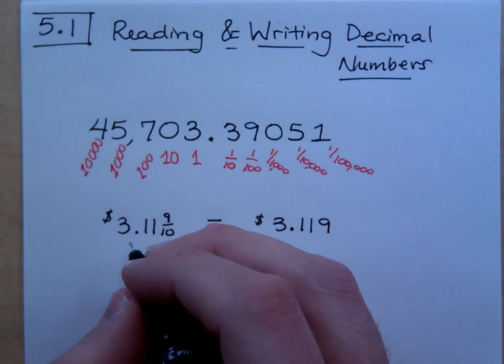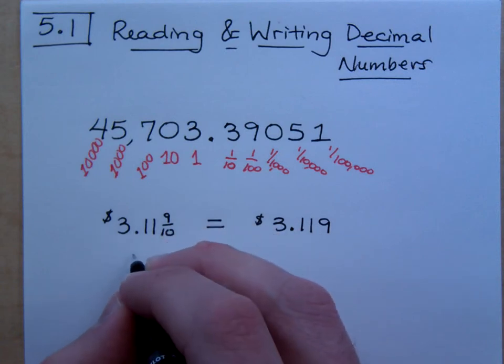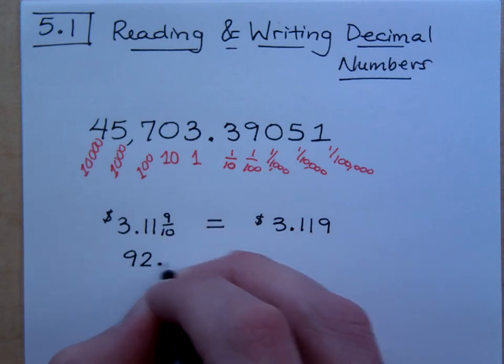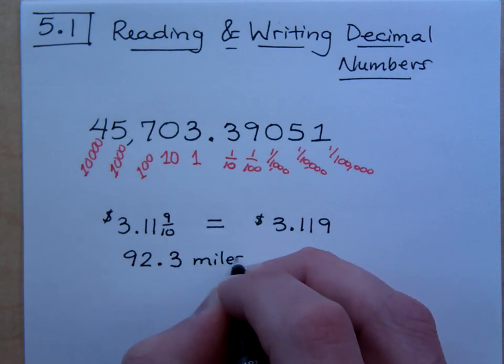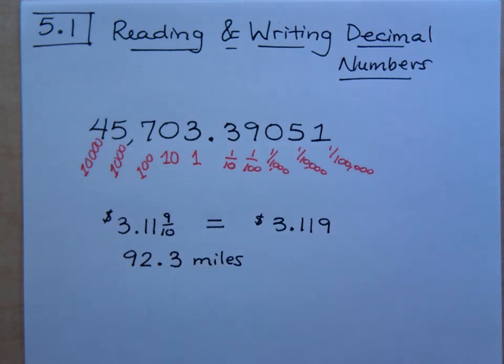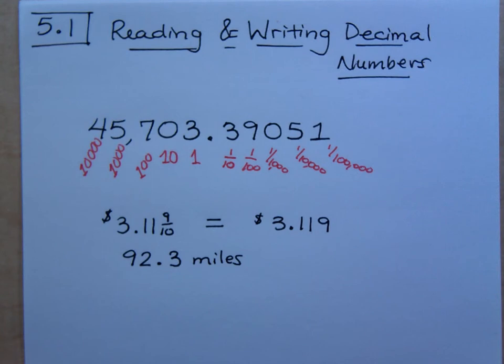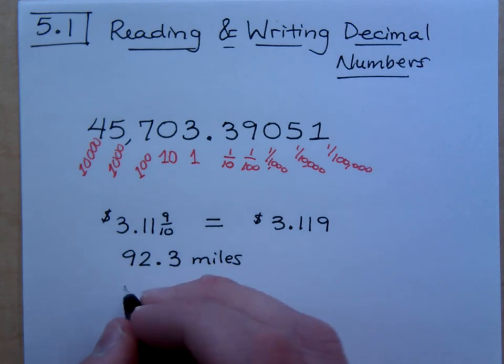And maybe on your scooter, you see that, oh, I have driven 92.3 miles. What does that mean? Does it mean anything to you? Well, it just means it's a little bit more than 92 miles. What does that really mean? We say 92.3, but what does it really mean?